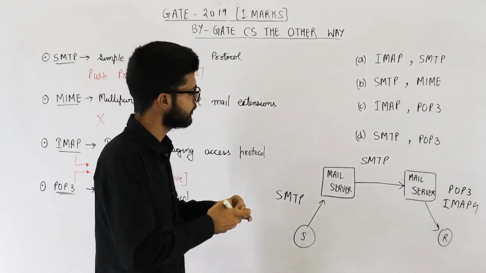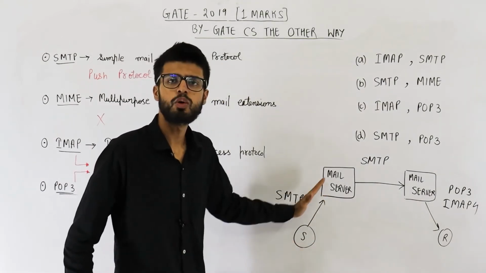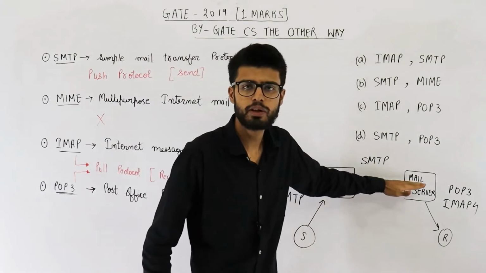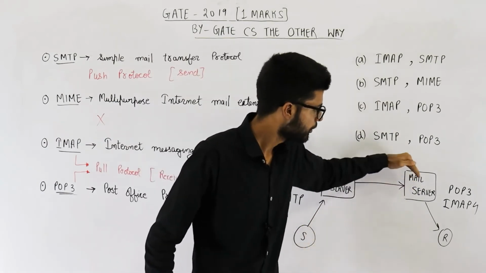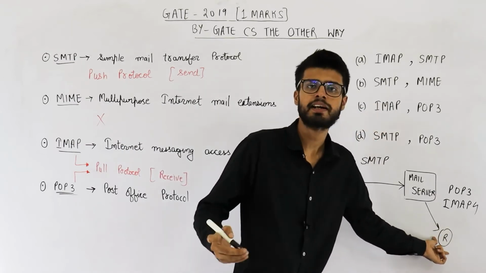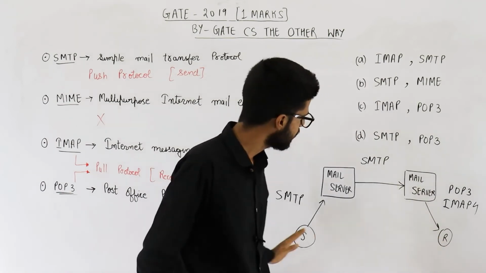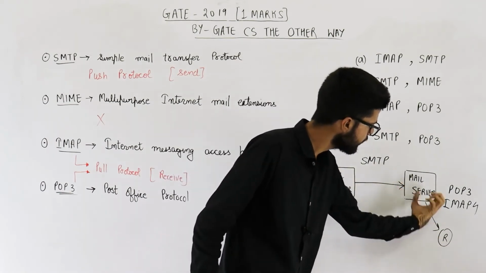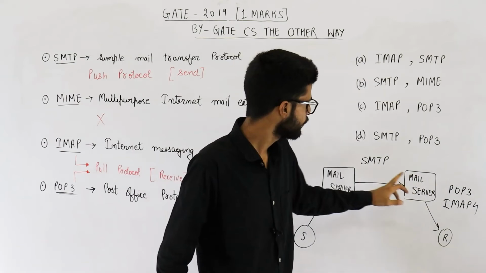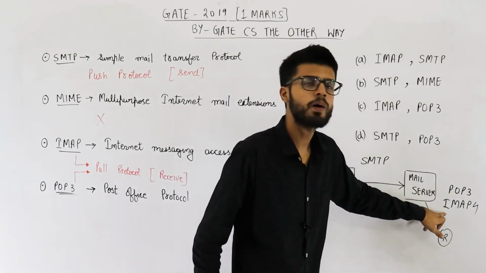Here we are uploading data, and here also we are uploading data, that is push. But here we are downloading data. Whenever the receiver wants that data, only at that time will data be pulled. Here we were pushing, and here we are pulling. So for sending, SMTP is used. For receiving, POP3 or IMAP is used.